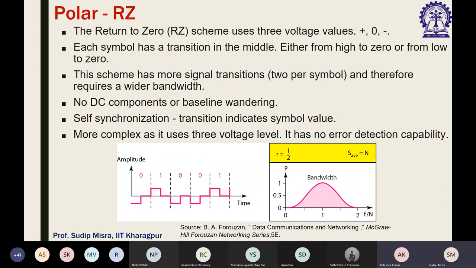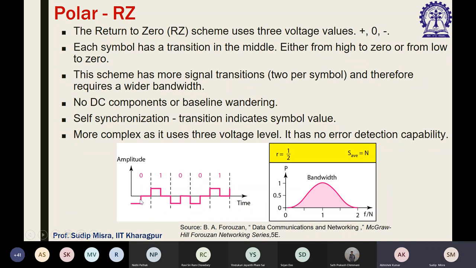There is another polar scheme which is called the return to zero, where there are three voltage levels that are used: plus V, 0, and minus V. So here actually, unlike in the previous schemes where the transitions were not landing into a zero, here in polar RZ schemes, the transitions will first go to zero and then it will change to either plus V or minus V. So this is how it looks like.